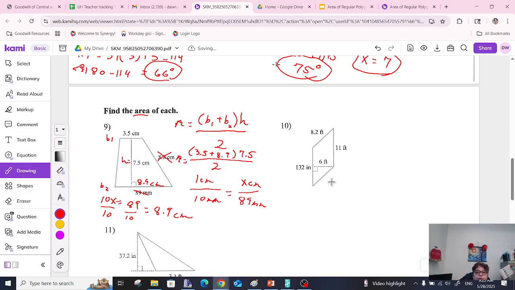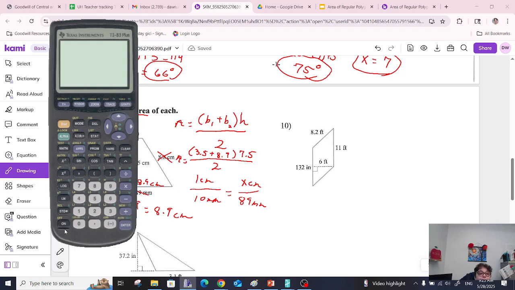Make sure when you divide, if you don't use parentheses, you press enter after you add, or it messes the problem up. Or just use parentheses. So like this would be 3.5 plus 8.9 times 7.5.